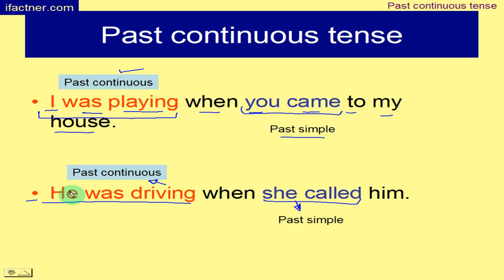Now, I think you understand that whenever we use past continuous tense, there is a good possibility that there will be a past simple tense in that sentence. Let's continue our discussion on past continuous tense.